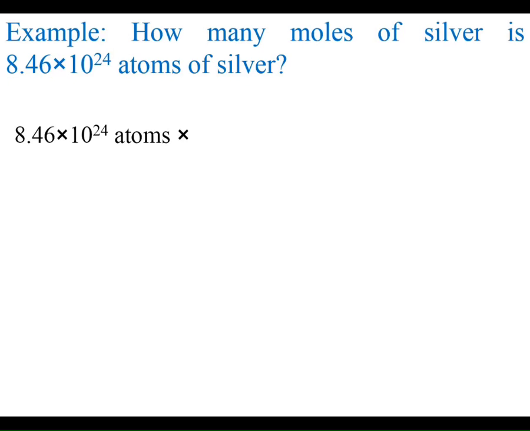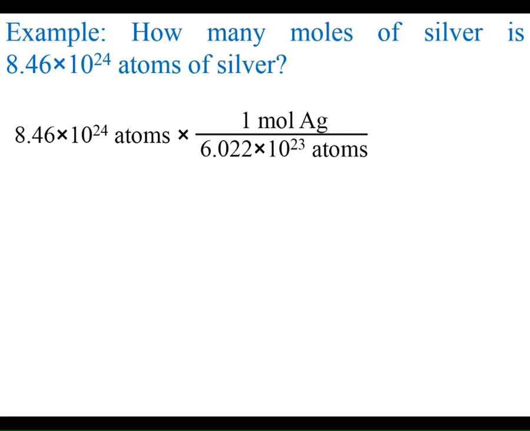The question is, does Avogadro's number go on top and moles on bottom, or vice versa? Which one is it going to be here? Avogadro's number goes on the bottom, because the mole would have to go on the top. So 1 mole is that many particles. So the particles of the atoms cancels.